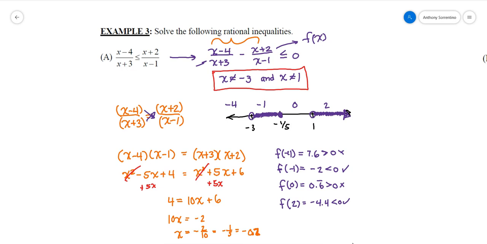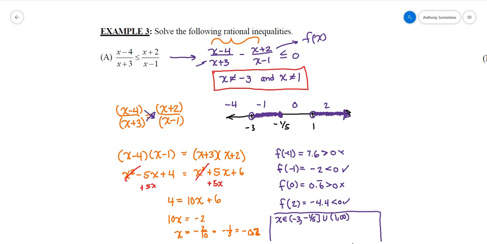And so my solution, and I'll write it in both ways. In interval notation, I would simply say that x is going from negative 3 to negative 1/5 with a bracket on the negative 1/5 because I could actually equal that, or from 1 to infinity.